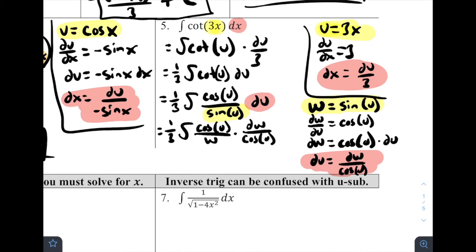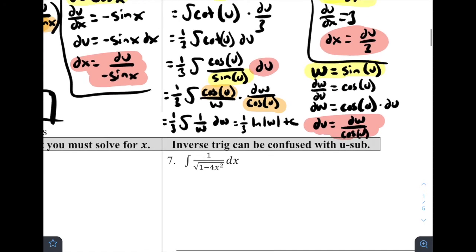Luckily for us, the cosine u and the cosine u cancel, because one's in the numerator and one's in the denominator. What we're left with is 1/3 times the integral of 1 over w dw. This is like the form 1 over x, which we know the antiderivative is the natural log. So that's 1/3 times the natural log of w plus c.